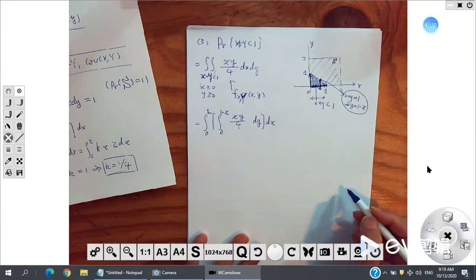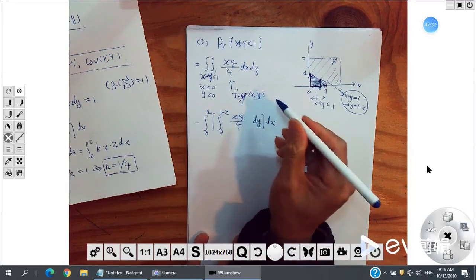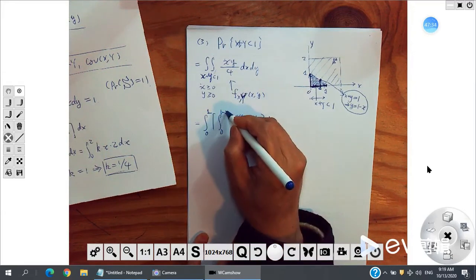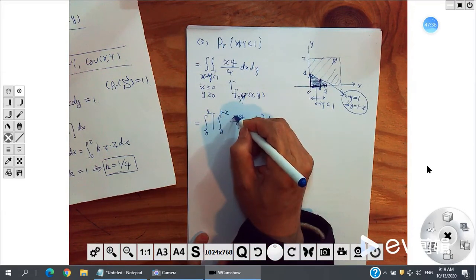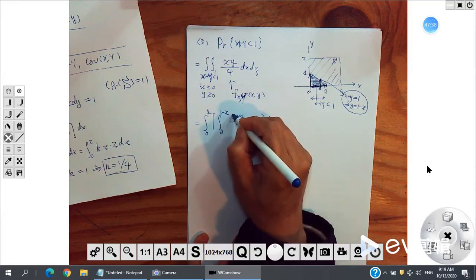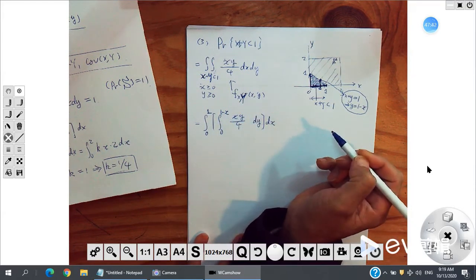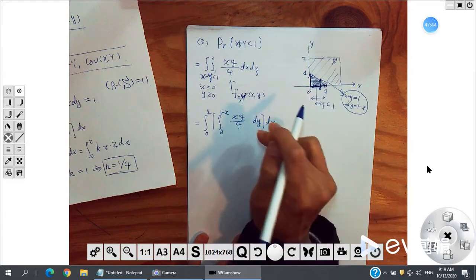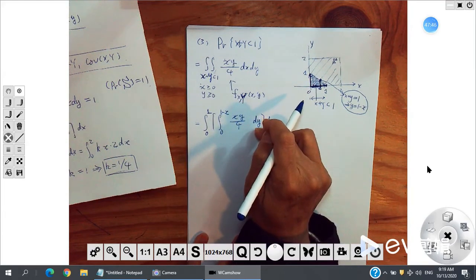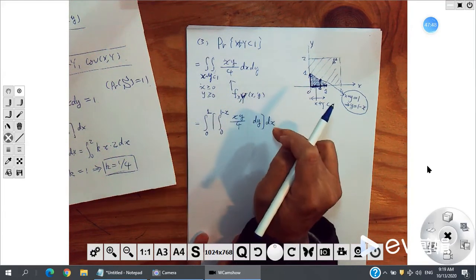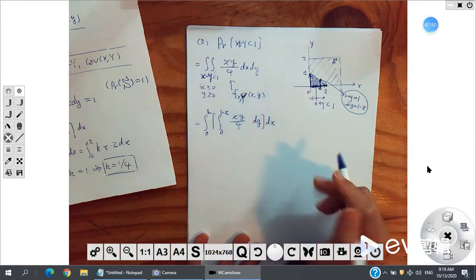But here you might be confused, because this is also x. Do we need to make some change? This is for dy, you do the integral, and then you do x. Oh, it's fine, you don't need to change.